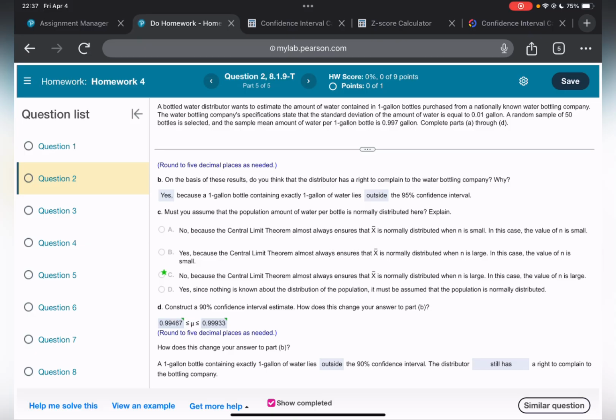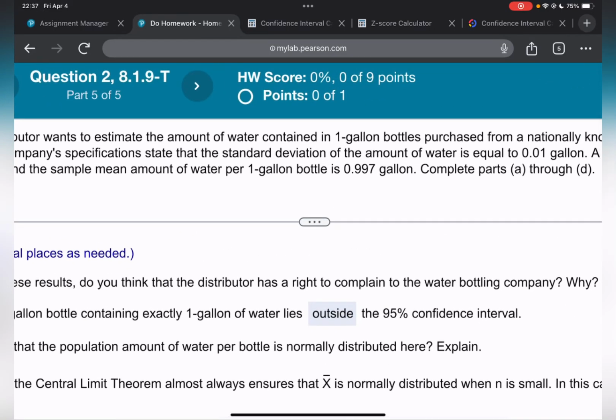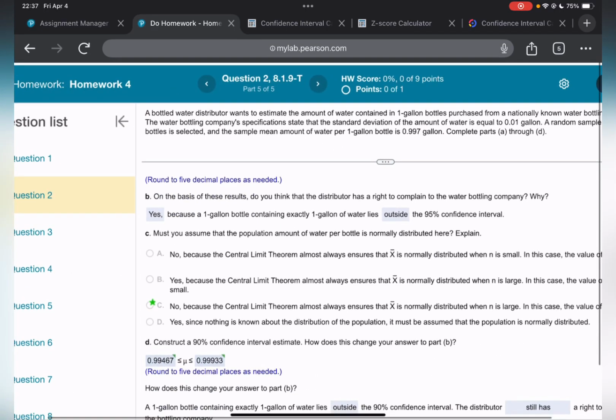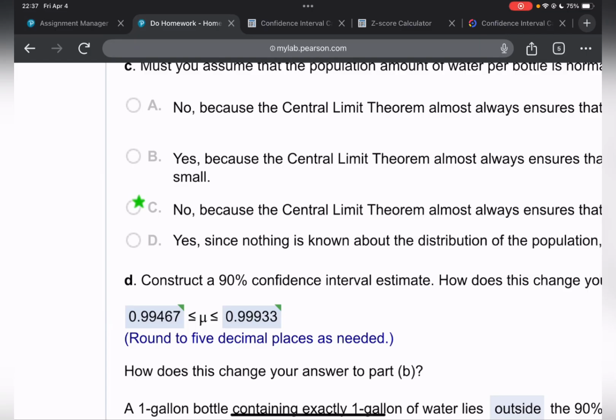Okay, now in this case, 0.997 is falling within the interval. See that? It's given that the company claims the sample mean amount of water per 1 gallon bottle is 0.997 of a gallon. And here we have 0.999 max, which means it is falling within the confidence interval.